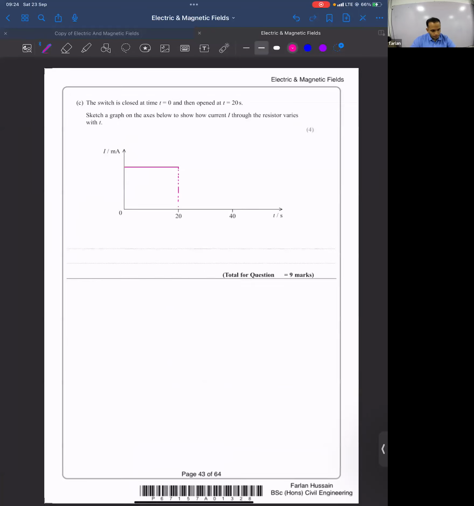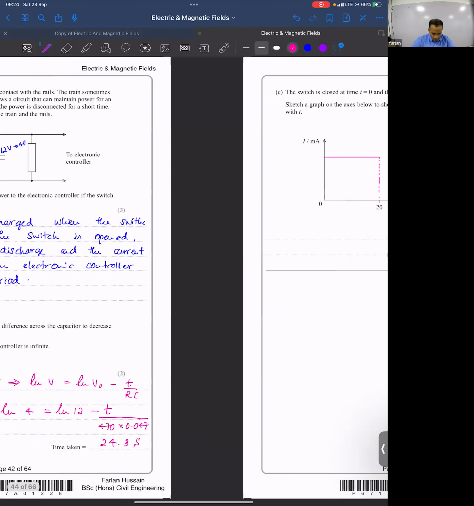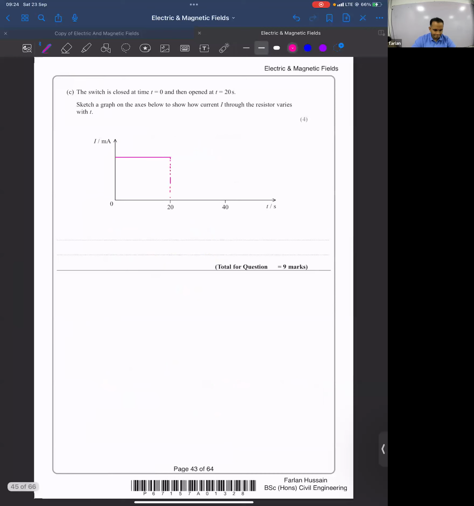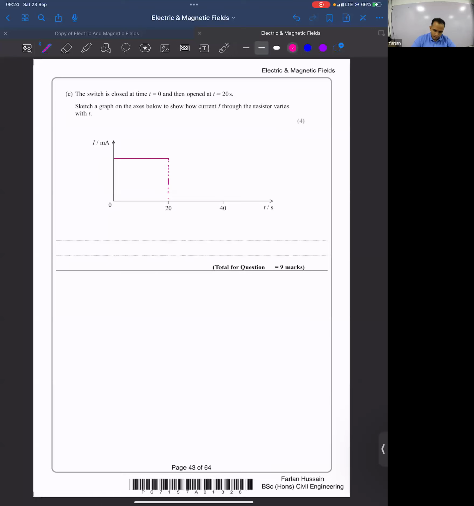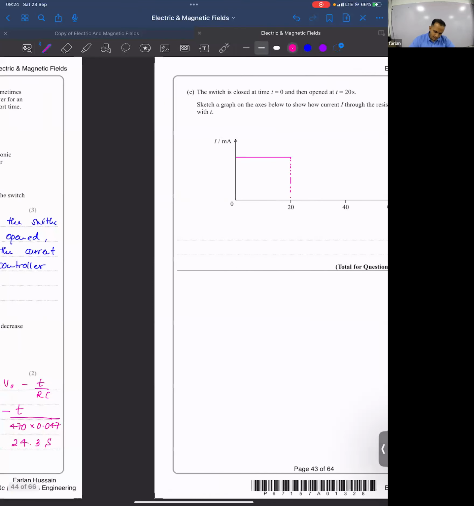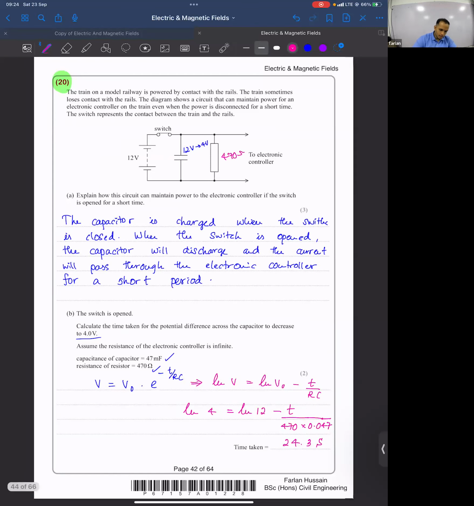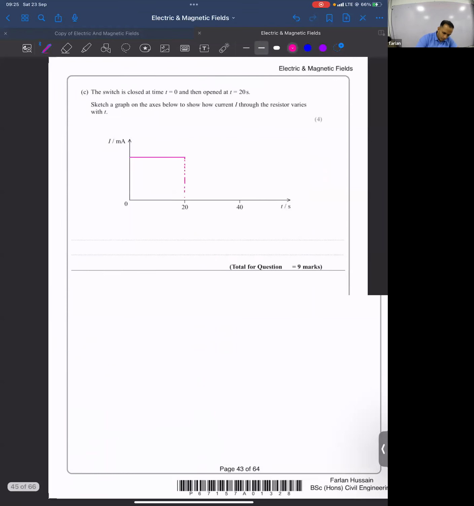So now from t equals 20 onwards, it's a 4 marker, so I don't know whether they are expecting the values as well. To be on the safe side, I will calculate it. Initially the resistance is 470 ohms and the voltage is 12, so I can find the current using V equals IR.